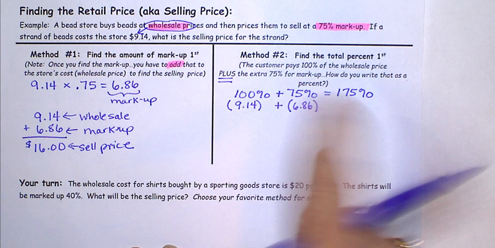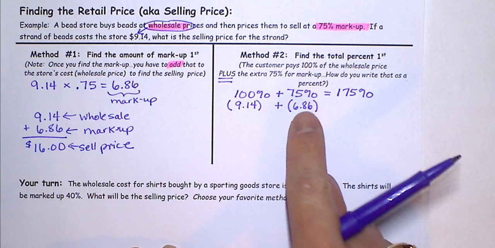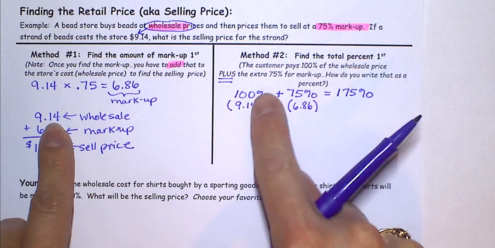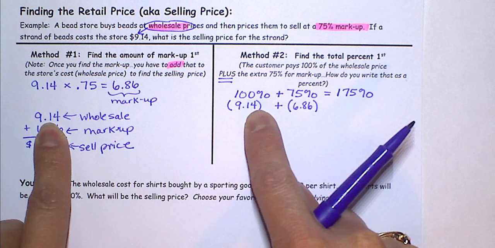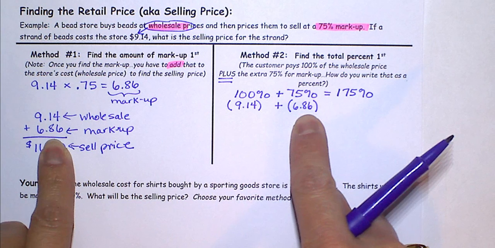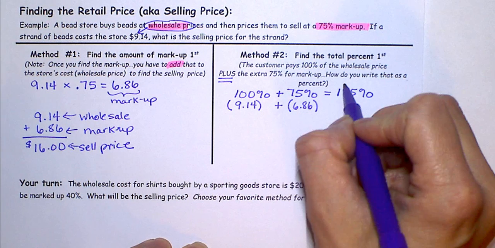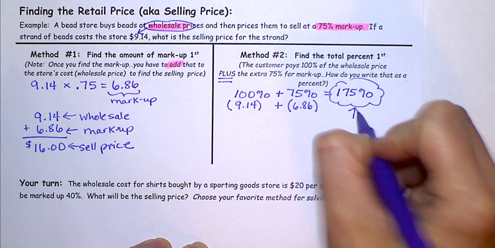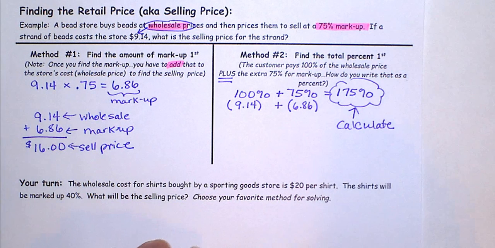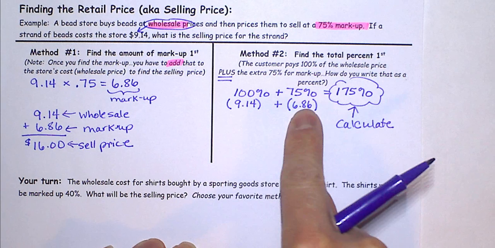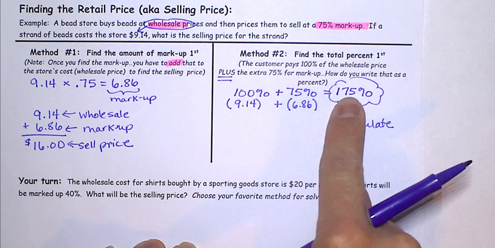Now we're not going to calculate these separately in this problem, but I wanted you to be able to match up that this 100% is the wholesale price, this 75% is $6.86. So technically we just need to calculate this part. Okay? So ignoring this part I wrote here, I'm just trying to explain how I got the 175.